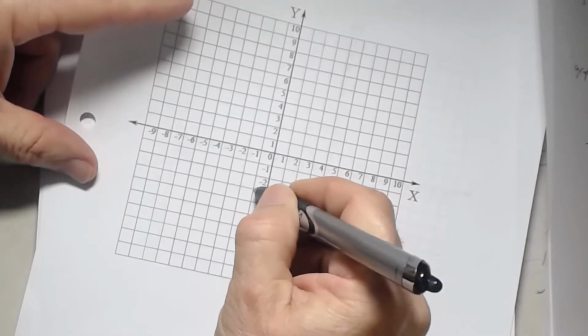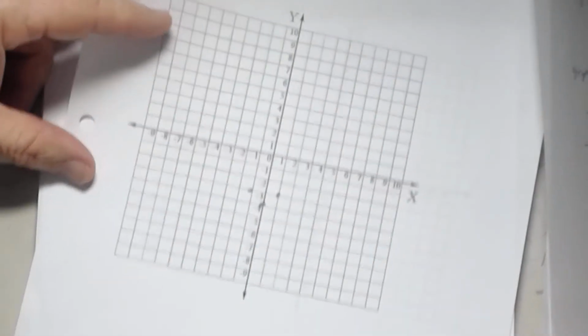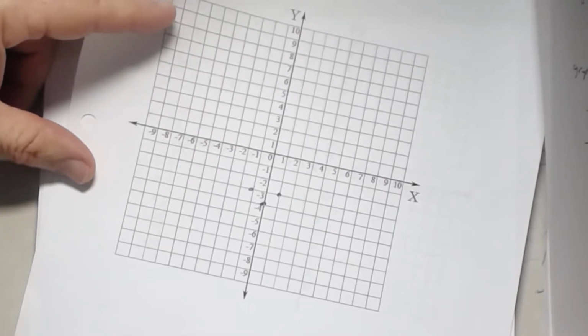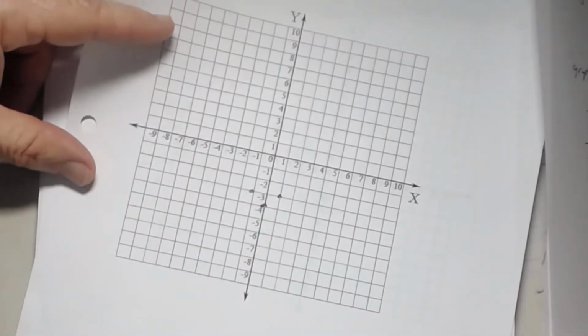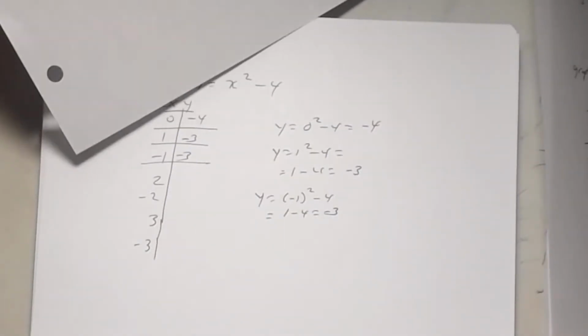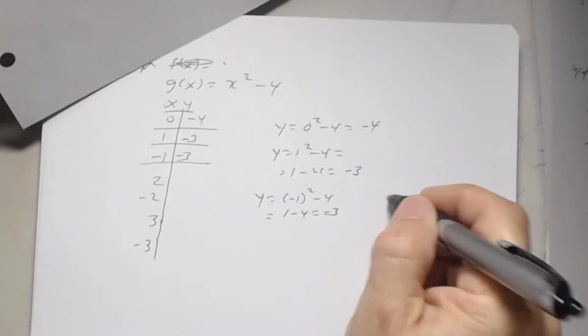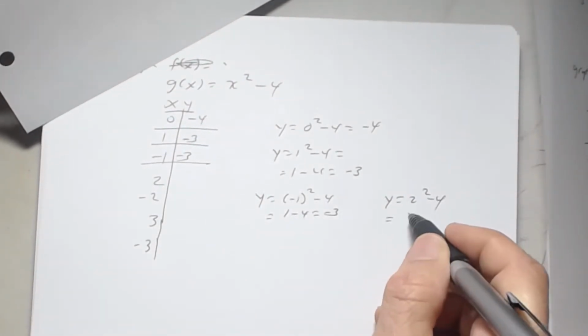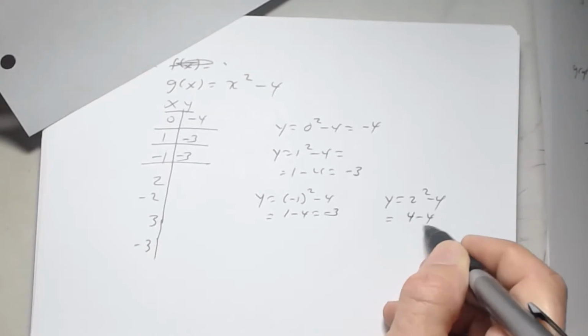And don't forget about the idea of symmetry. And again, next semester, you're gonna learn how to find the axis of symmetry for any of these quadratic functions. When x is 2, I get y equals 2 squared minus 4. What's 2 squared minus 4? 0. Y'all agree?